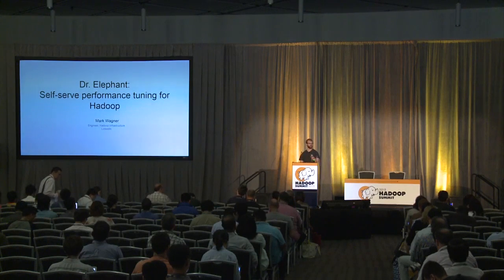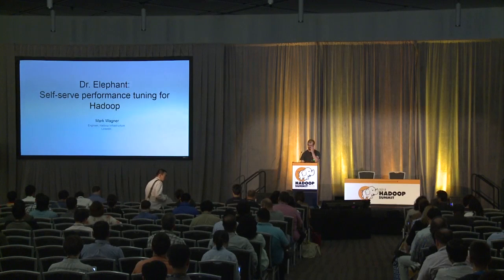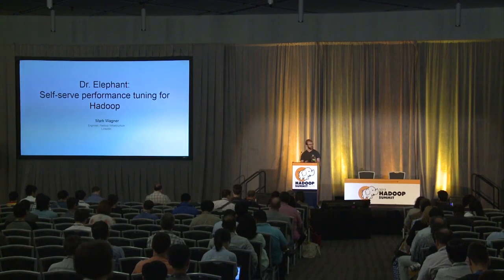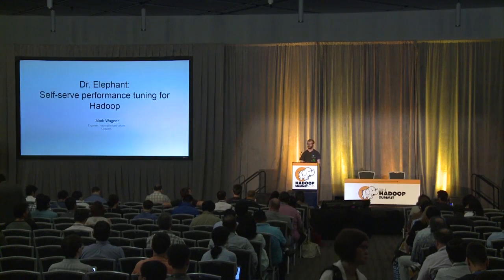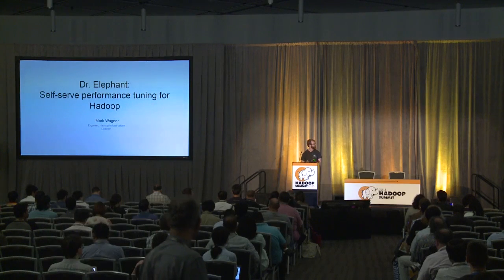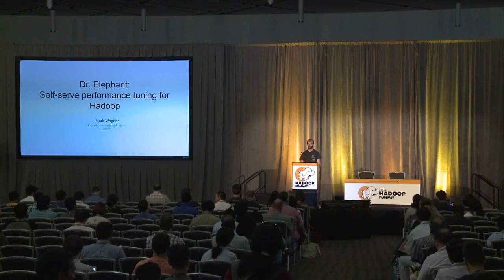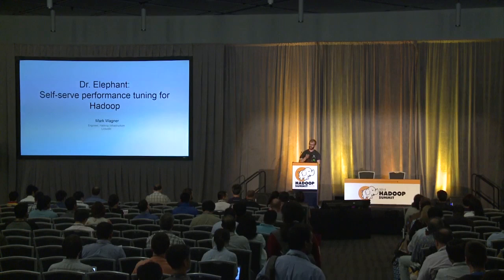Before I get into the rest of the presentation, this is a Hadoop Summit talk, so I would be remiss if I didn't take the opportunity to brag a little bit about scale. Unlike other talks, though, I'm not going to talk about the number of nodes or petabytes. I'm going to talk about a different kind of scale, a different kind of complexity, which is the complexity of our user community.